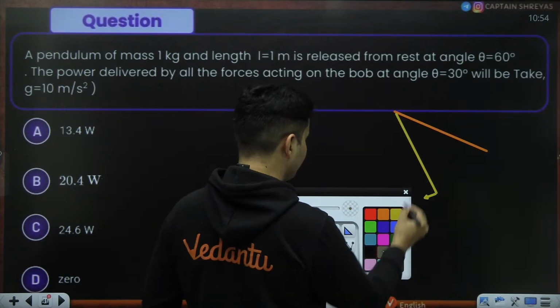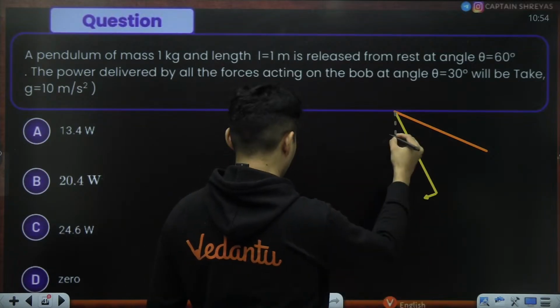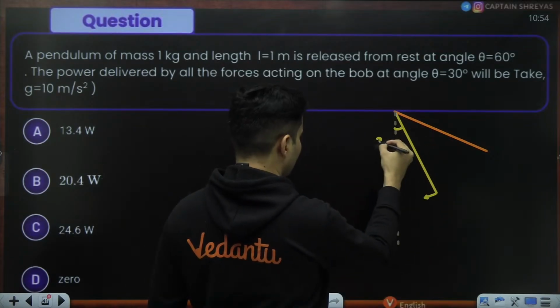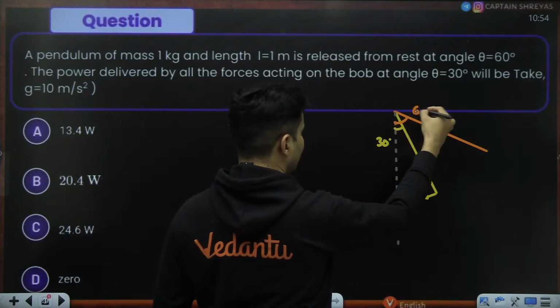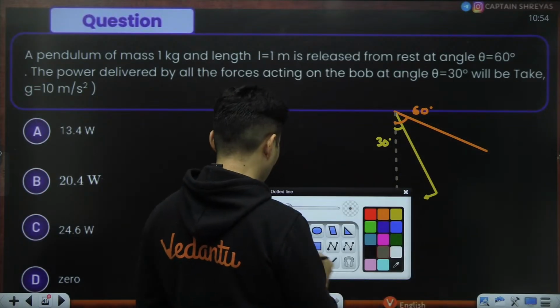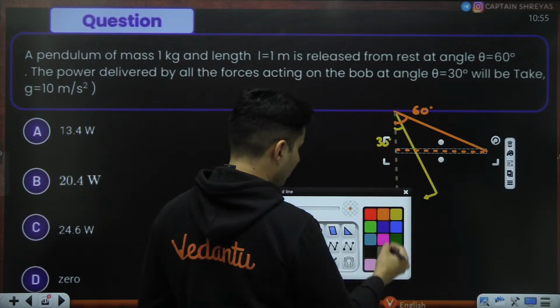And okay, so this angle was 30 degrees and this whole angle was 60 degrees. So if you drop these horizontal lines, things will become more obvious what is happening.